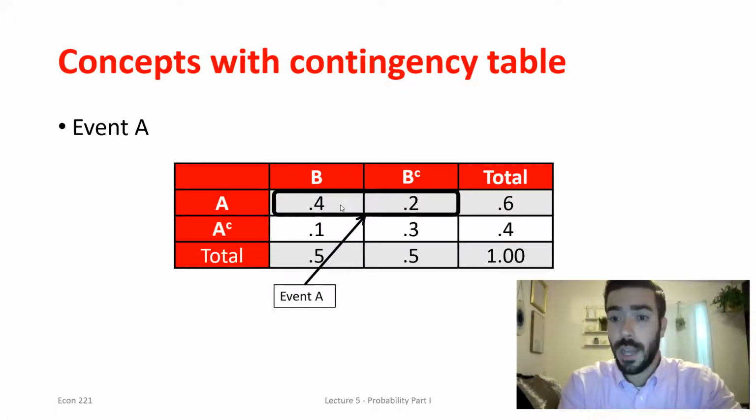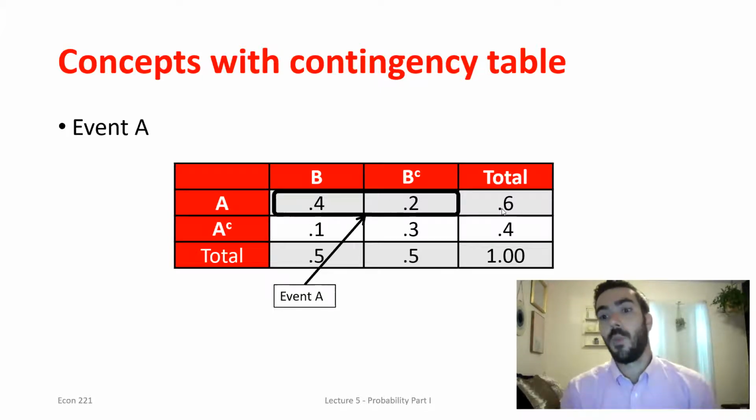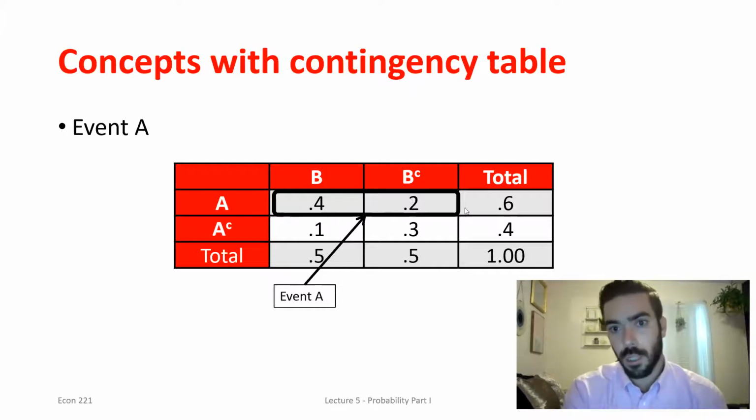So we just said, if we look at the probability of A and B occurring, so that's right here, and add to that the probability of A and B complement, we add those two together, we should just get the entire circle A, or the probability of A right there of 0.6.